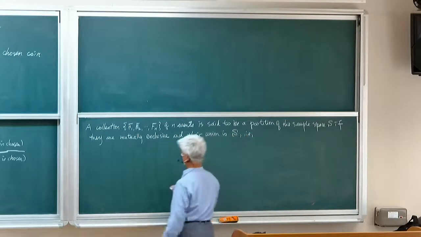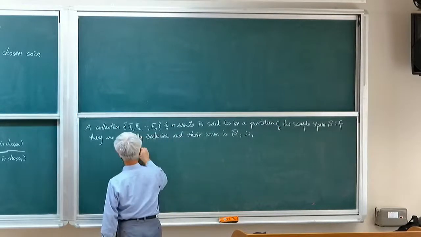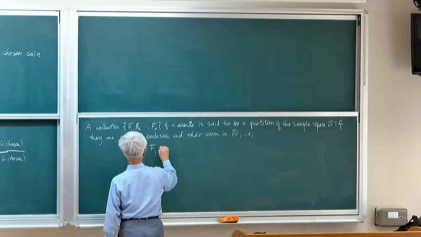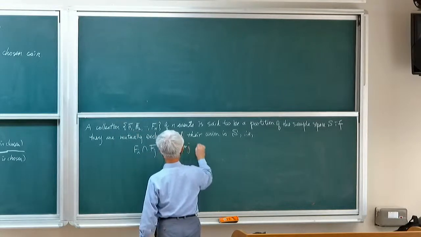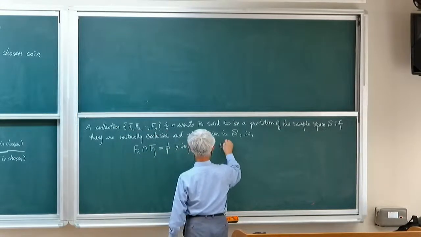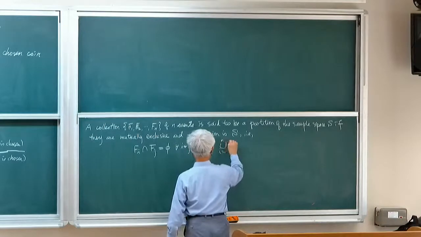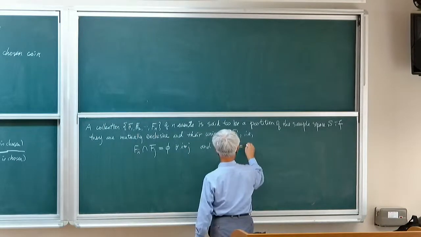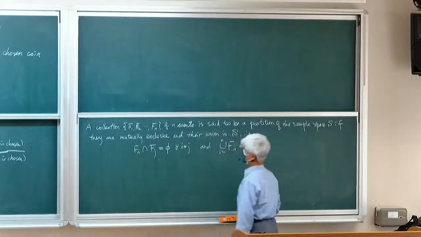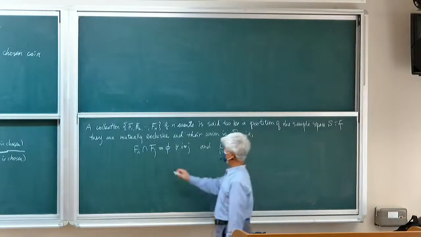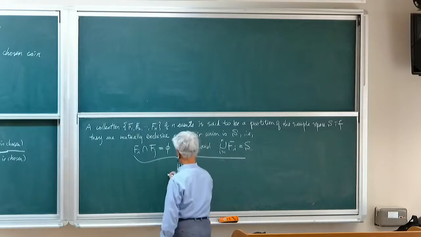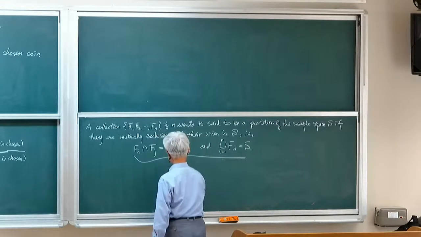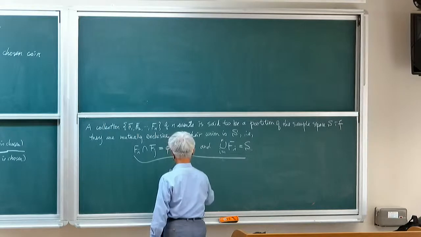So we will say that Fi intersect Fj is equal to the empty set for all i not equal to j, and the union over i from 1 to n of Fi is equal to S. And together, this is saying that the disjoint union of Fi is equal to S, okay?